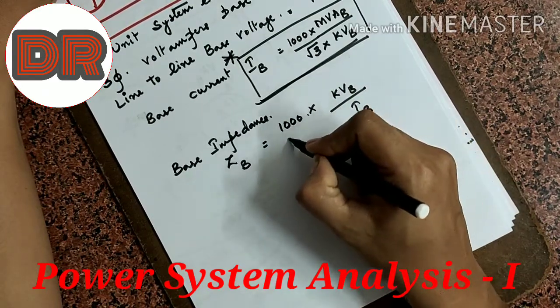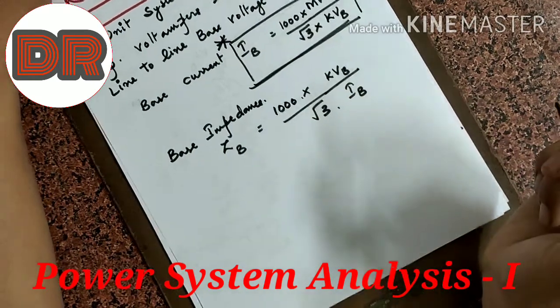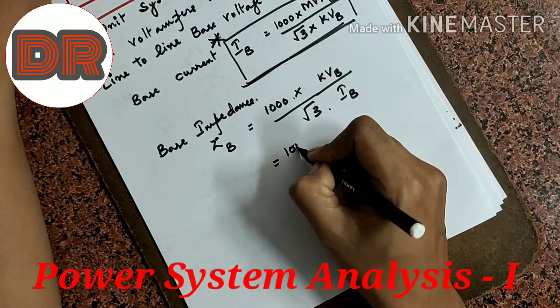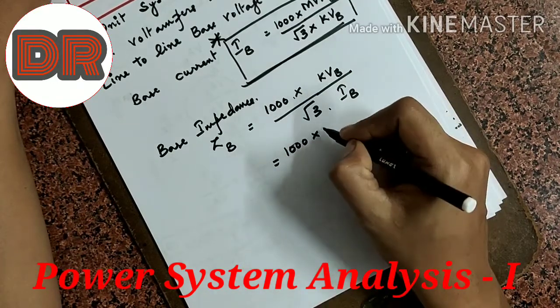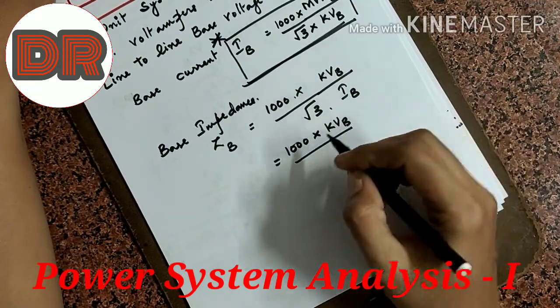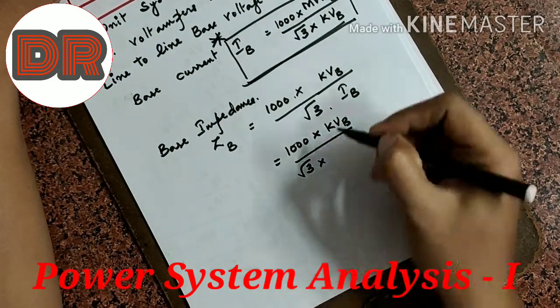So 1000 divided by root 3 IB, this is equal to 1000 into kV base, which will be known from the question, or you can find out the voltage base value, divided by root 3 into IB.